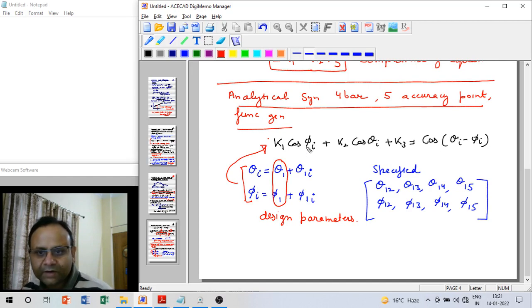Instead of phi I, you will write phi 1 plus phi 1I, and phi 1 1 will be 0, phi 1 2 is given, and so on. And theta I will become theta 1 plus theta 1I. So in this way you modify this equation, and then this equation will have actually 5 unknowns: k1, k2, k3, theta 1 and phi 1.